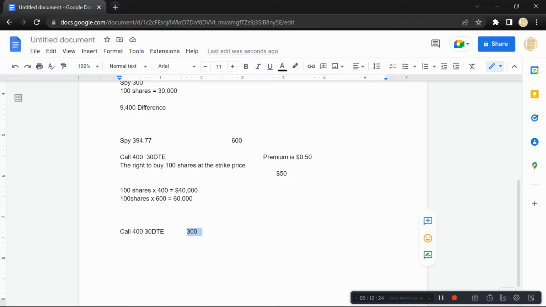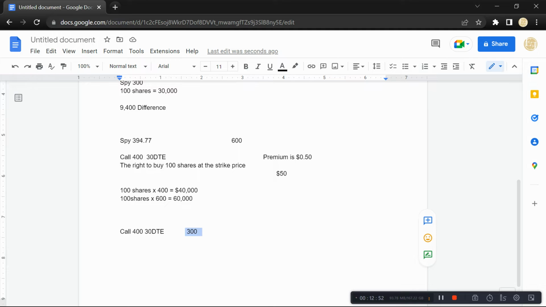I'm not going to exercise that contract. I'm just going to let the contract expire. I'll never exercise this contract. I could sell the contract to someone else and try to make some of my premium back, but as far as exercising it, I would never exercise it if the stock price is cheaper than what my option is.